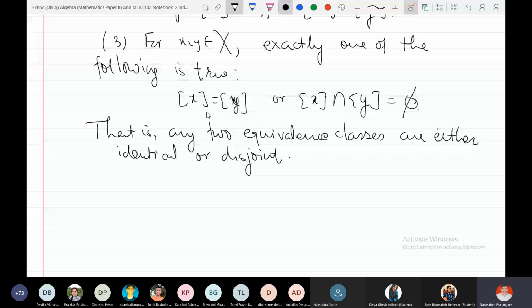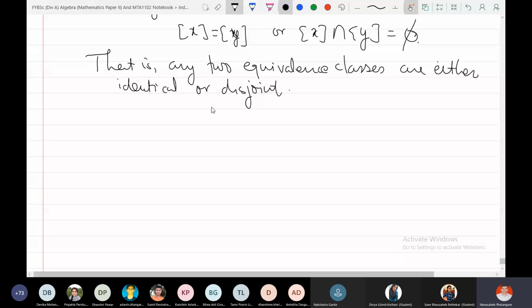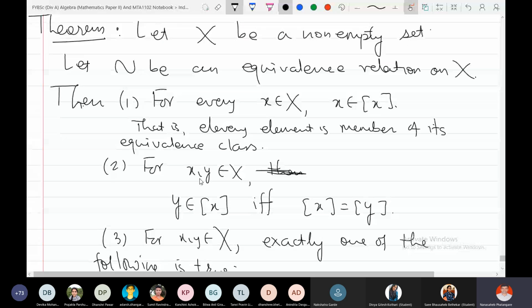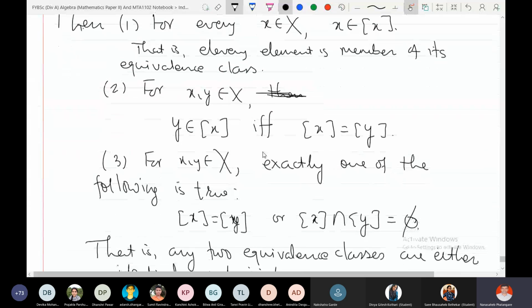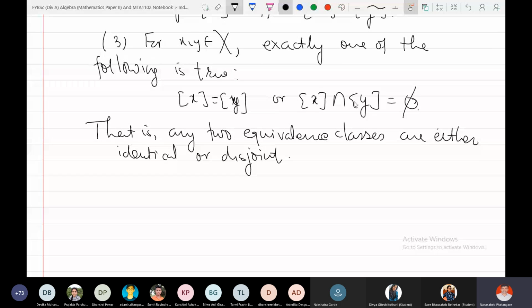Right. So if you recall all previous examples, you find that when you look at the class of some element, that element is a member of the class, right? And you also observe in the previous examples that there is nothing common in two distinct equivalence classes, right?